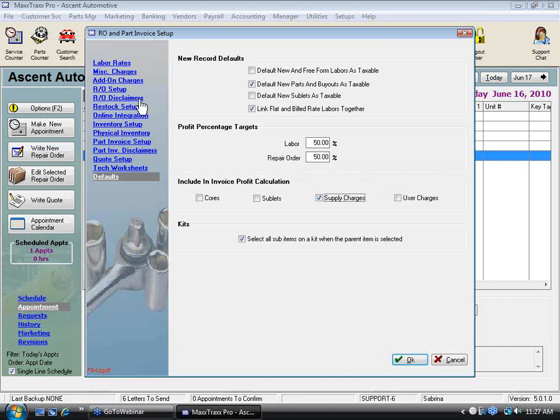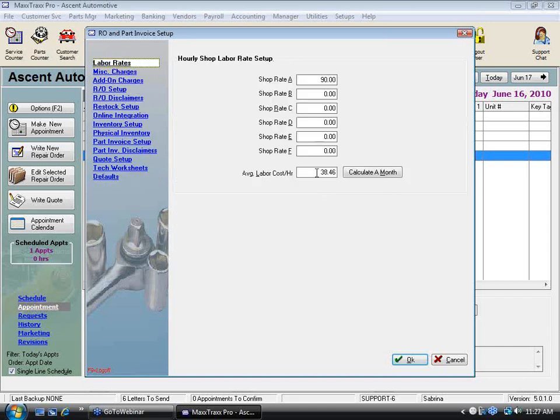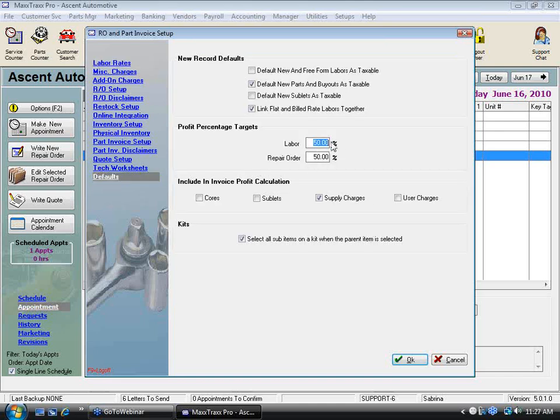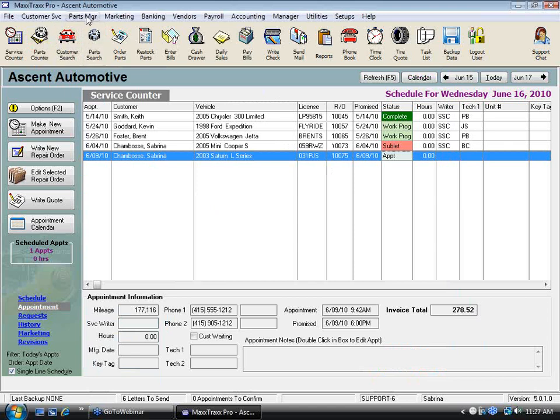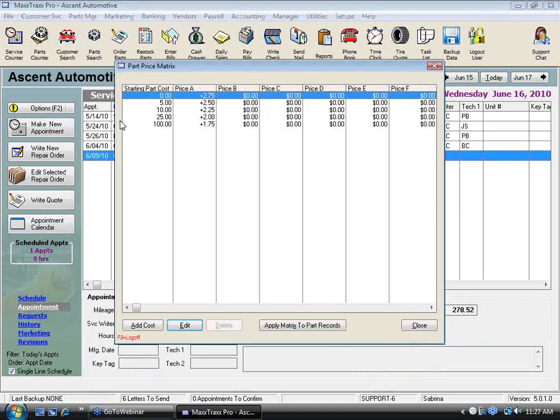So just a quick little recap. First thing we do is figure out our average labor cost, because that is needed to calculate the number, and then under defaults is where we decide when it turns red and when it turns green. Parts: we have to set up a parts price matrix.